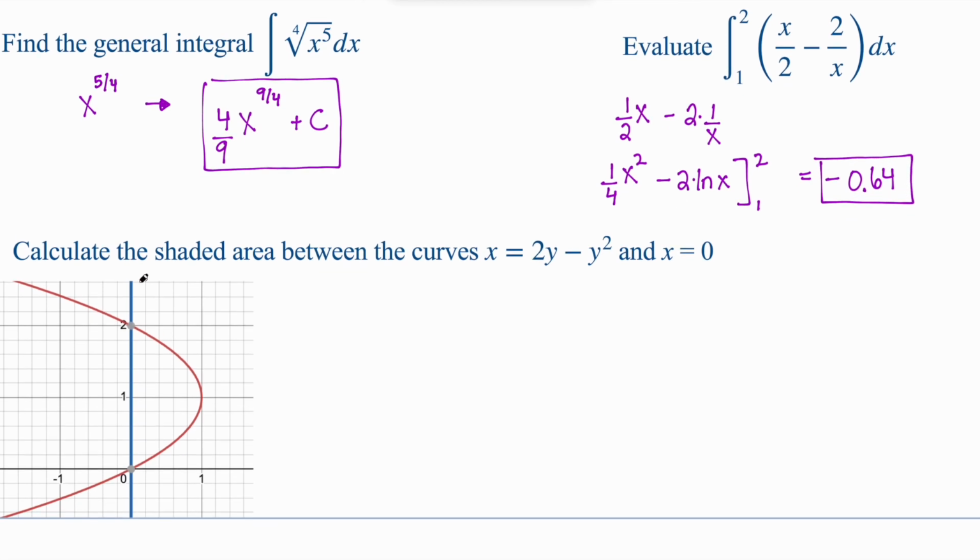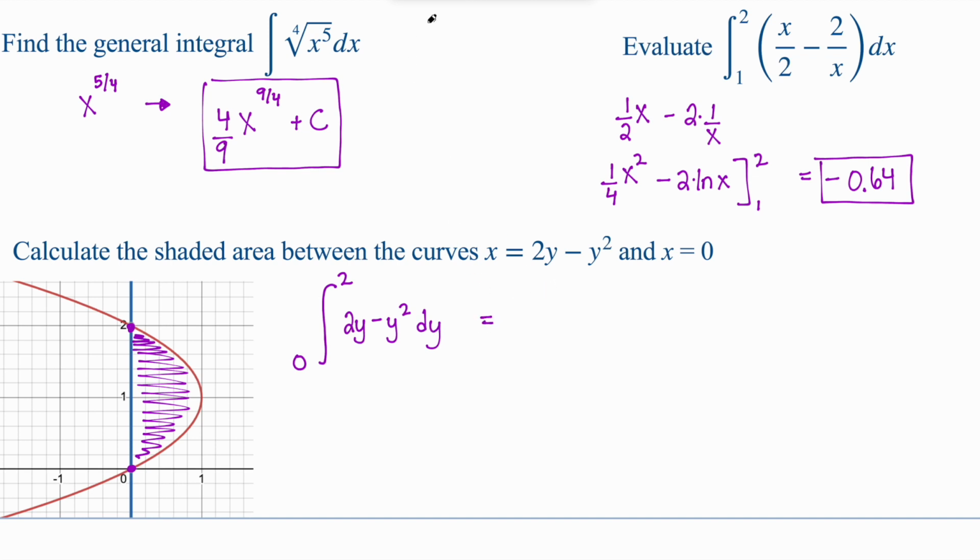Calculate the shaded area between the curves. So I am looking for the area of this shade. I'm going x equals and x equals 0. So I'm going from where it crosses the intersection. So I'm going from 0 up to 2 of 2y minus y squared. In this case, it is going to be dy.